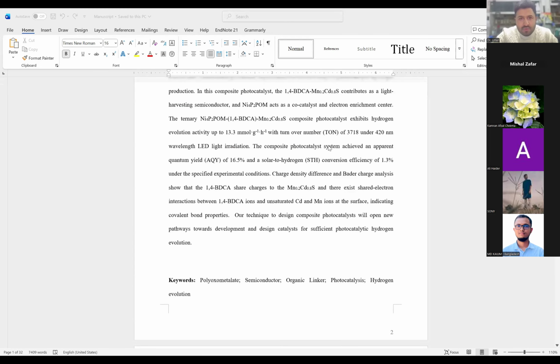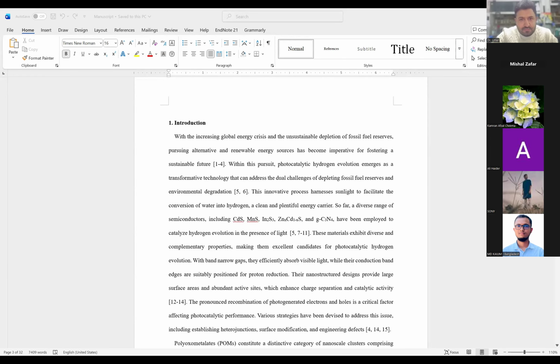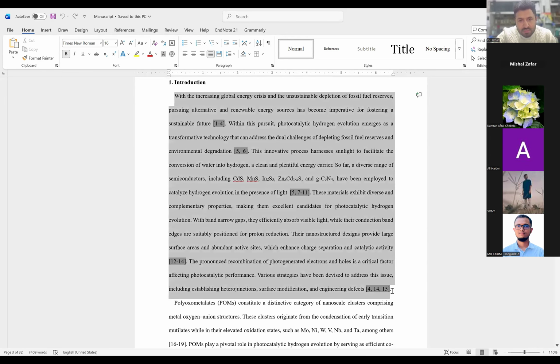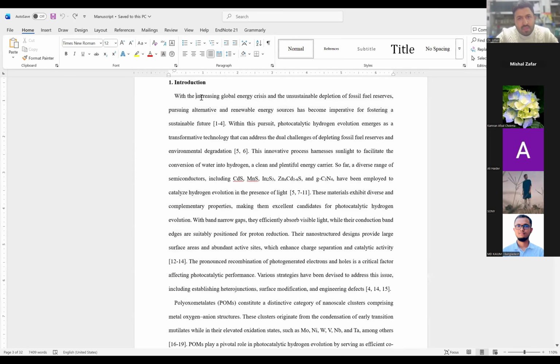So let's move to the introduction part. This is the study background paragraph. With the increasing global energy crisis and the unsustainable depletion of fossil fuels, pursuing alternative energy has become imperative.